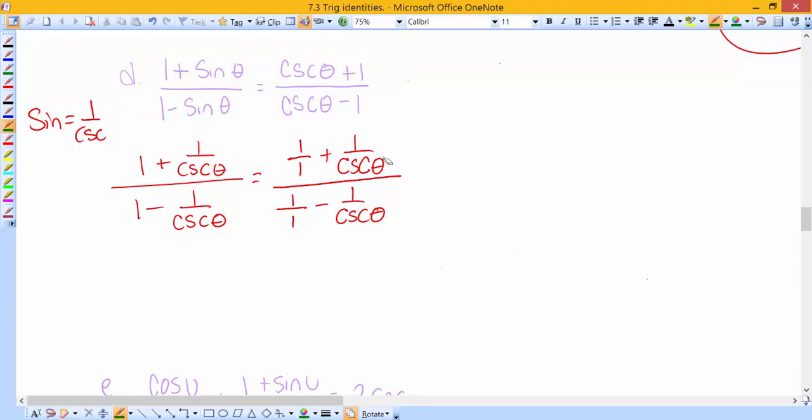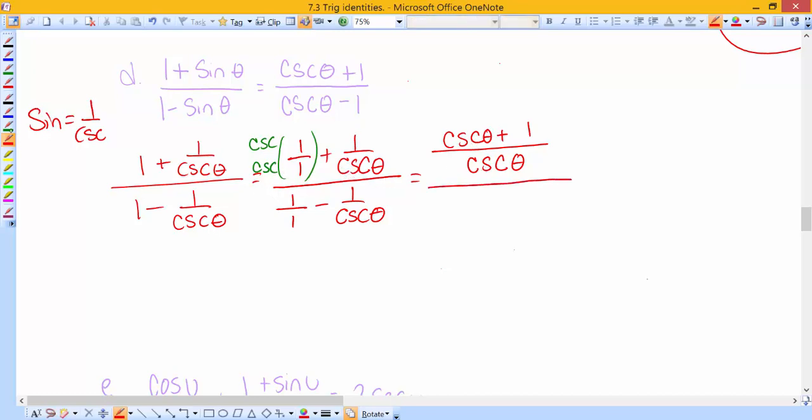So let's work with the numerator. The numerator has a denominator of cosecant and 1. So I need to multiply this fraction by cosecant over cosecant. So I will now have cosecant plus 1 over cosecant. Cosecant times 1 plus this one right here, and your denominator is just cosecant.